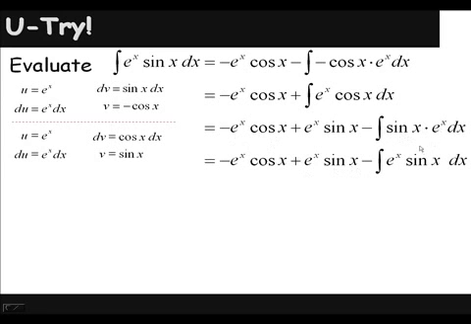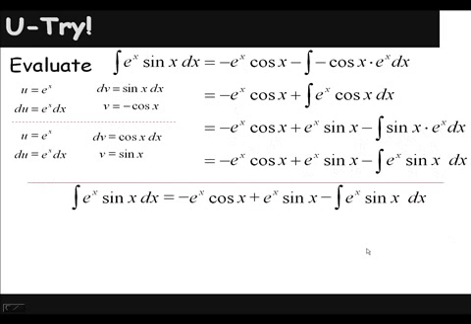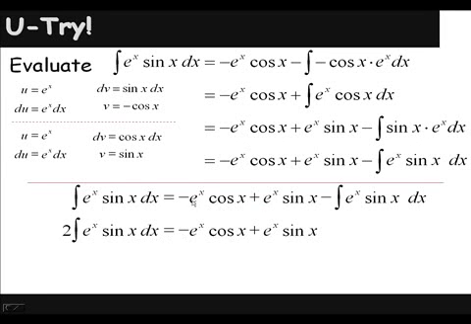All I did was change the order here so we could see that it's exactly the same, but that was kind of obvious in the line above. We add that to the other side. That gives us 2 of these. So 2 times the integral of e to the x sine x dx equals these 2 terms, negative e to the x cosine x plus e to the x sine x.